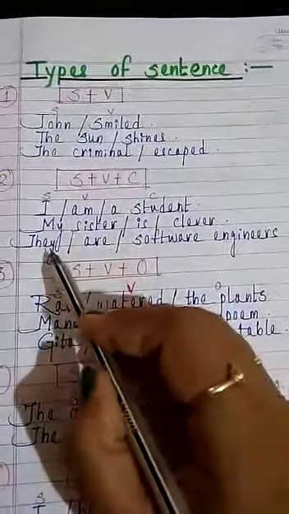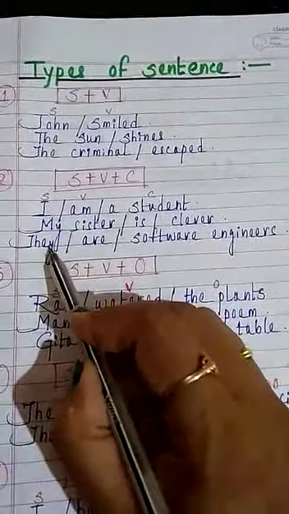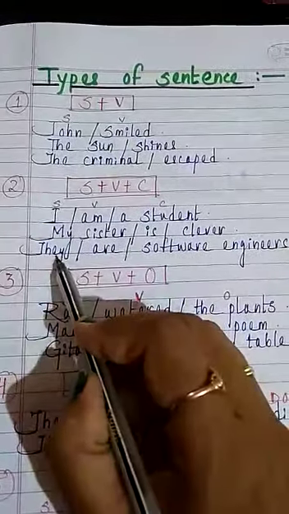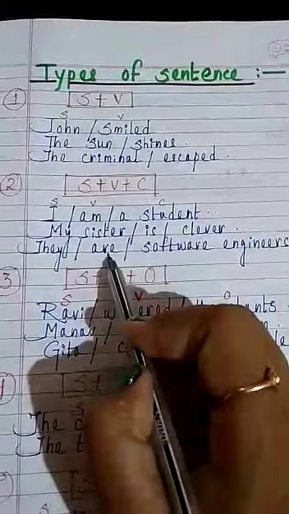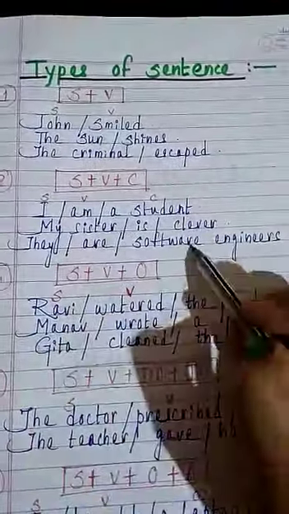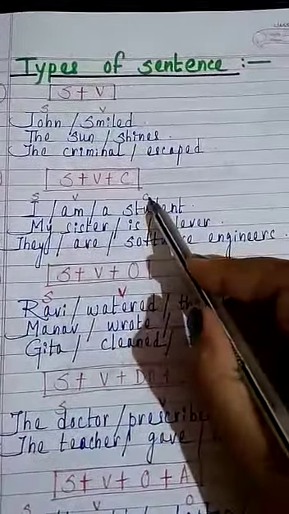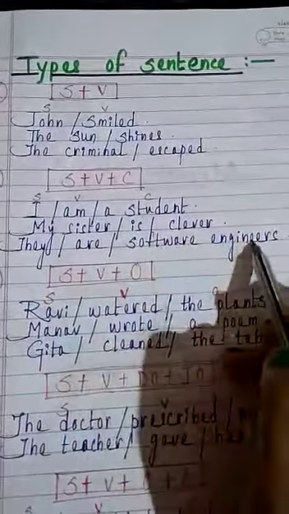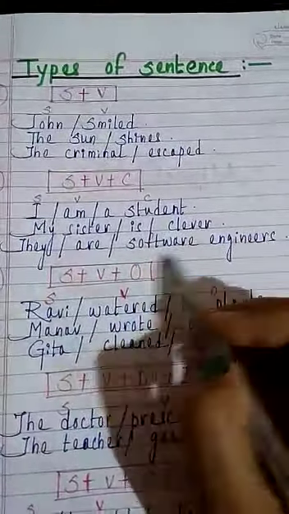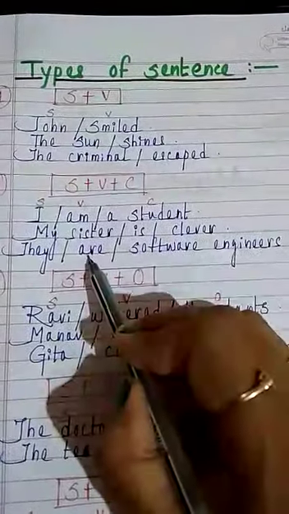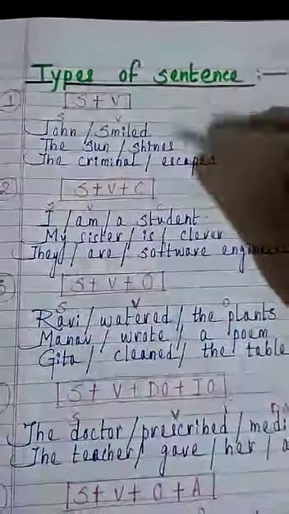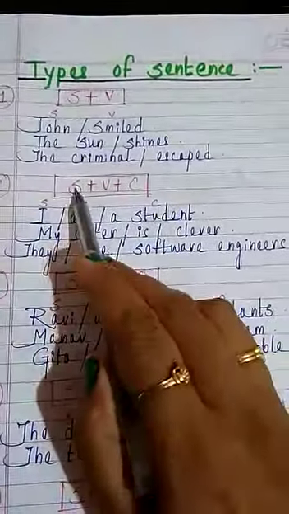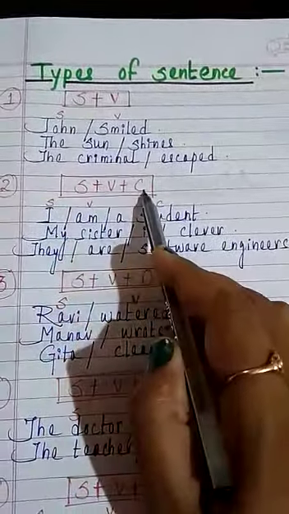Like this, look at the next third example. They are software engineers. So they is the subject, are is the verb, and software engineers is the complement. They are what? They are software engineers. So software engineers is the part which completes your sentence. So by this you can also make a sentence by adding subject plus verb plus complement.